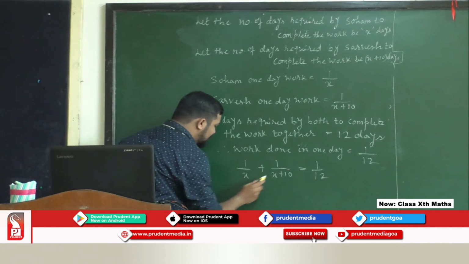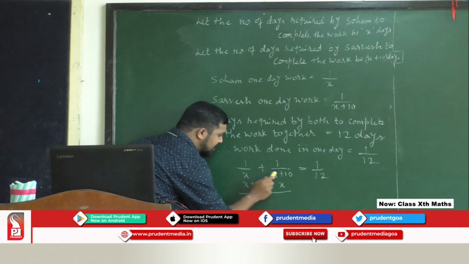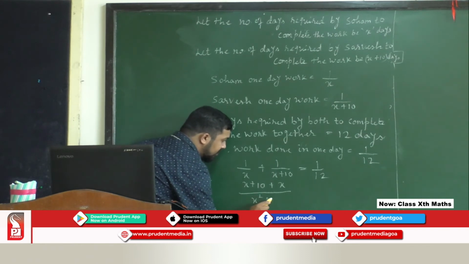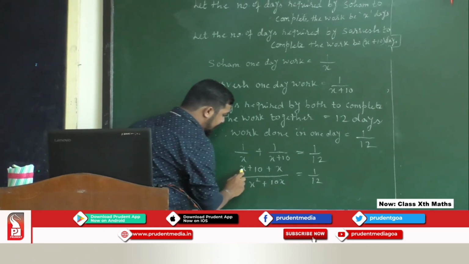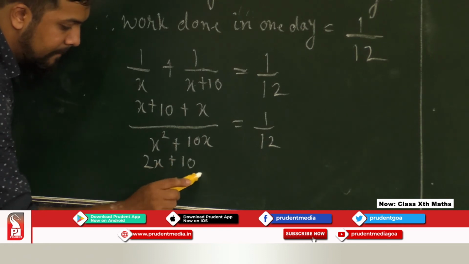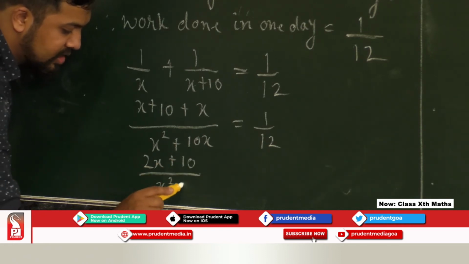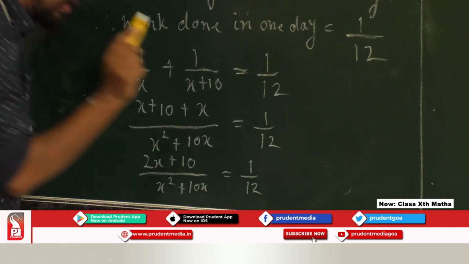Again cross multiply: x plus 10 plus x over x square plus 10x equals 1 by 12, that is 2x plus 10 over x square plus 10x equals 1 by 12.